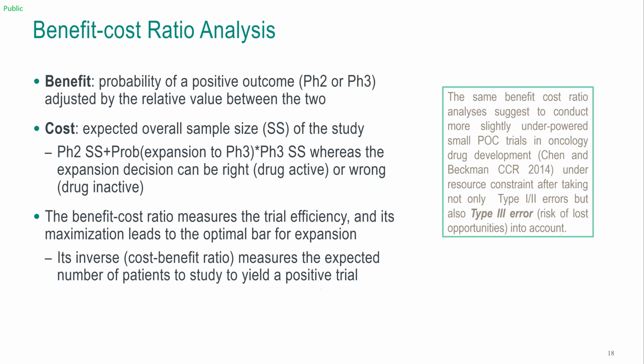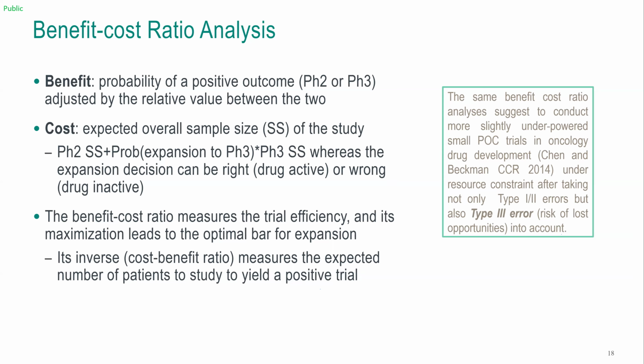But in oncology, you also have to consider the so-called type 3 error, which is that, when you have a lot of opportunities to invest, those opportunities are defined by lines of therapy, tumor types, which kind of drugs you can combine with, etc. There are just too many opportunities for you to invest after you have passed the phase 1 dose finding and signal detection. But you have limited resource.